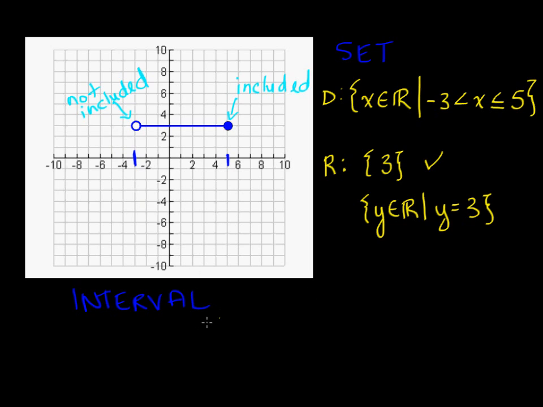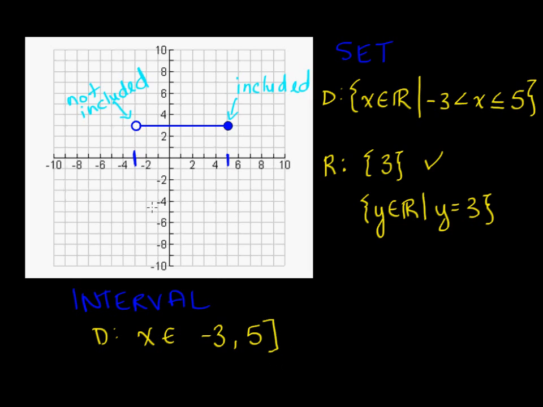For interval notation, same idea. I know that my x values that are possible go from -3 to +5. I'm going to say x is an element, and I'm going to use the range of numbers from -3 to +5. I want to include the +5, so I'm going to do a square bracket there.